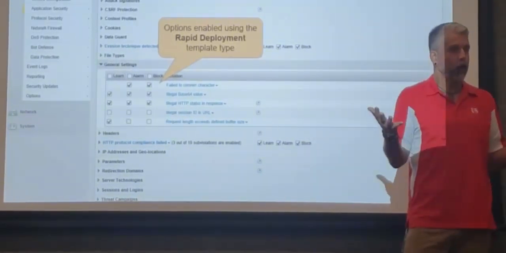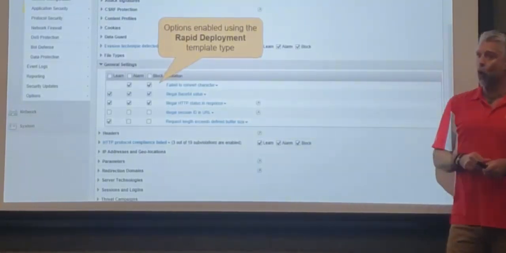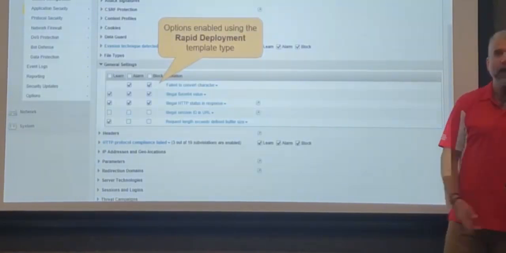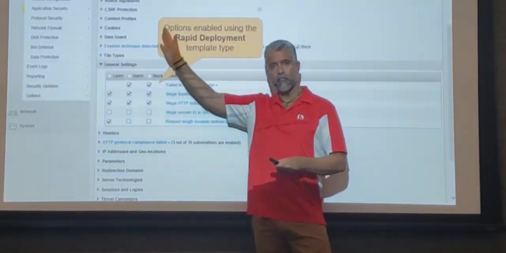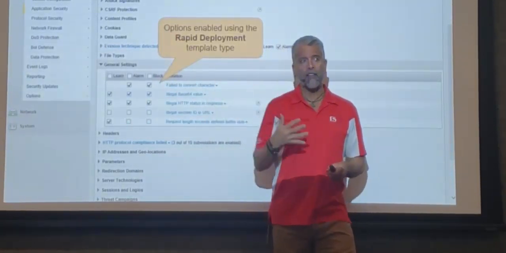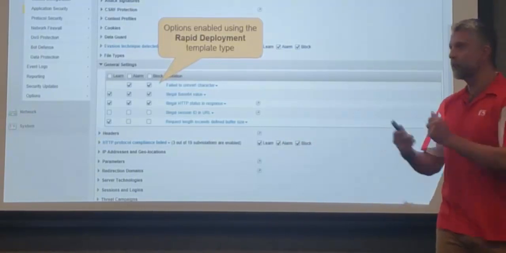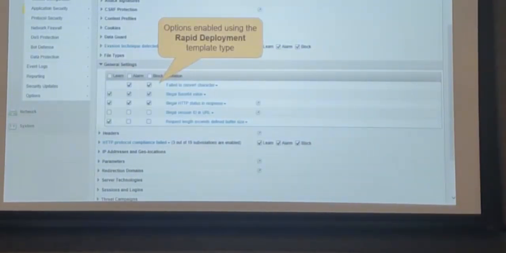They're just things that trigger something. Now, when you look at your learning and blocking settings page right after you build your policy, you'll see some items already selected in these different categories, and that's because of the template type you chose. So rapid deployment template type or fundamental template type, they all have some options enabled by default.